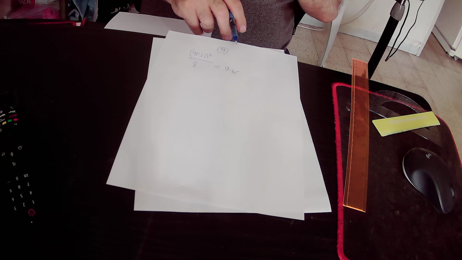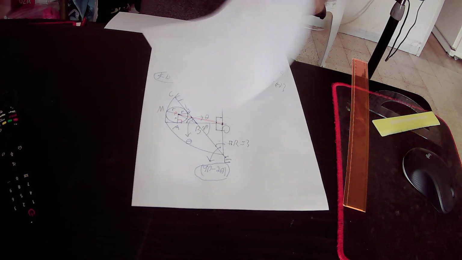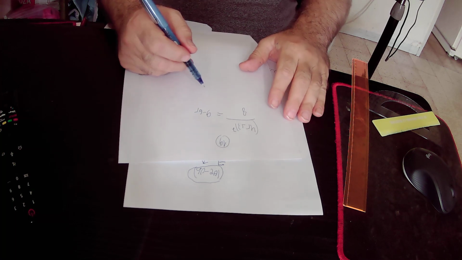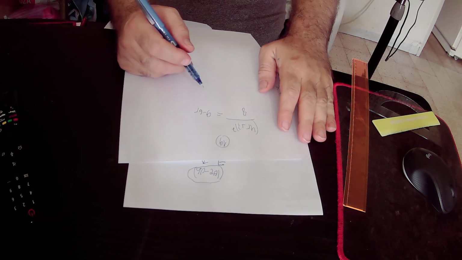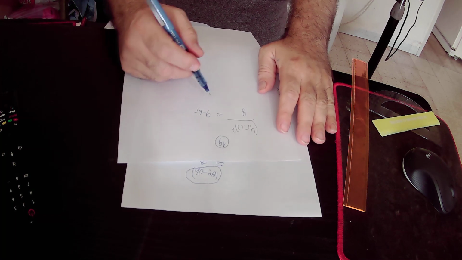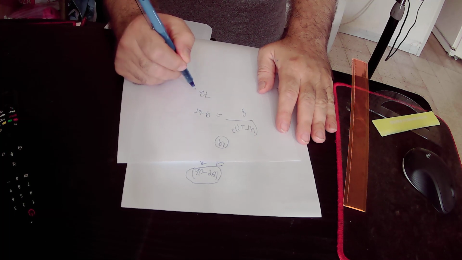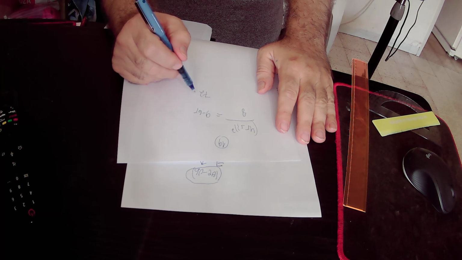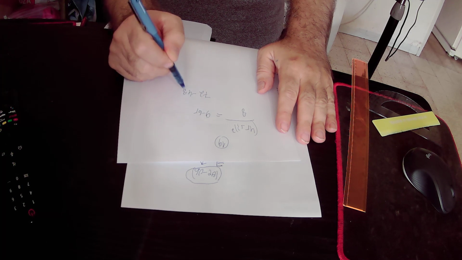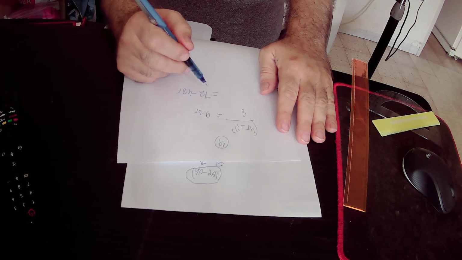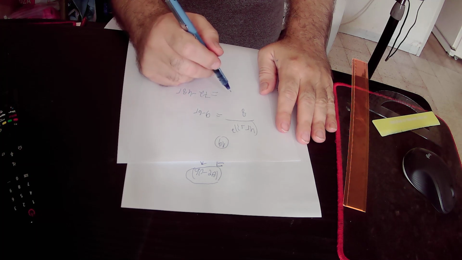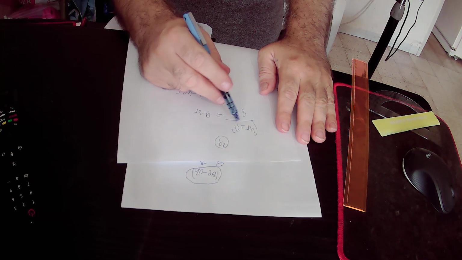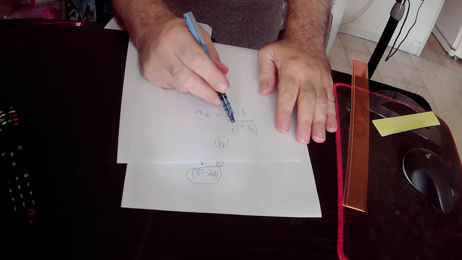Here we will multiply this equality by 8. We will get that 8 times 9 is 72. 8 times minus 6 is minus 48r equals, we will open these brackets.